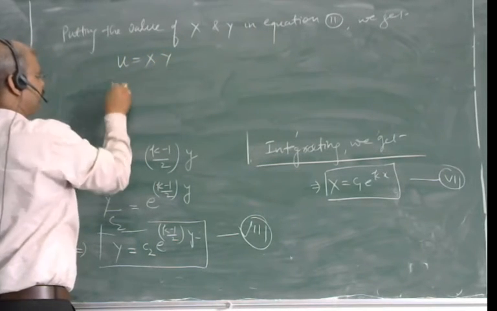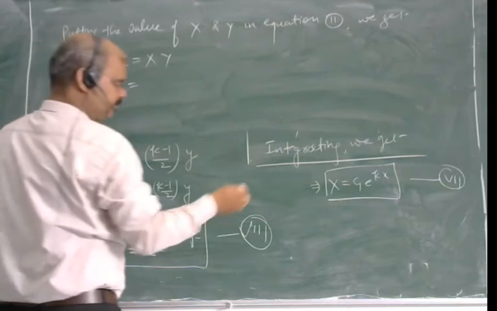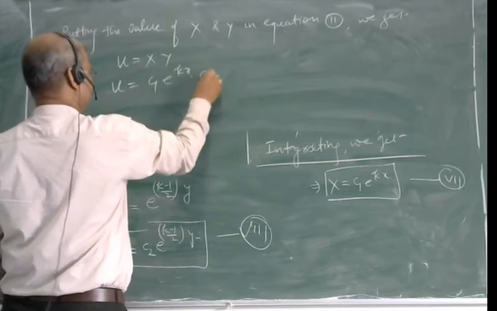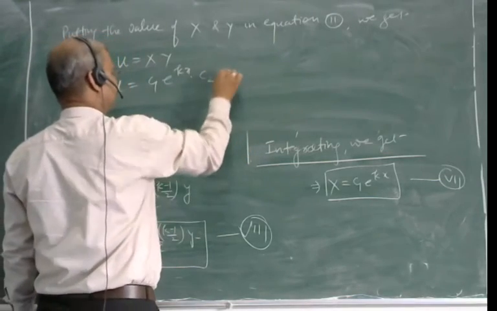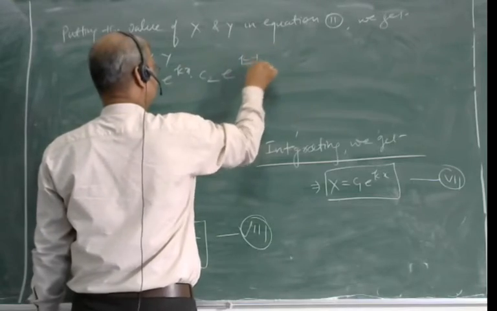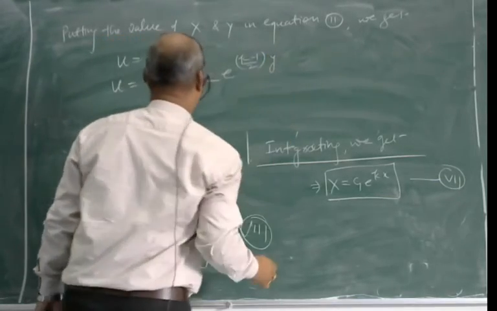It means U equals X, which is c1 e to the power kx, into c2 e to the power (k minus 1)/2 y.